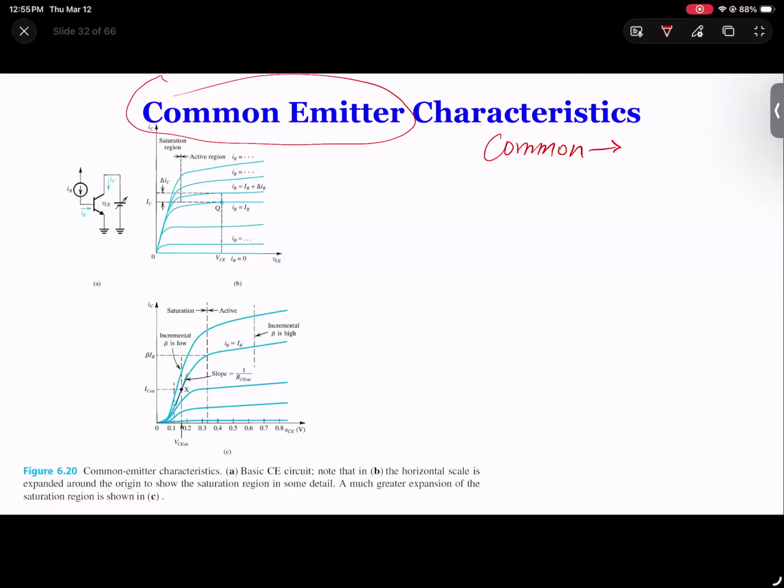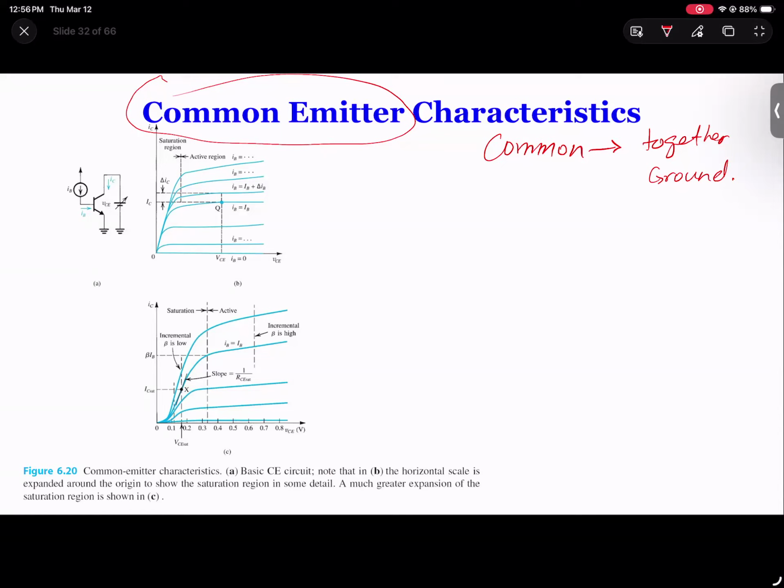Common means together, and sometimes it also means ground. So in electronics, when we say common emitter, what we are saying is the emitter is common with ground. That's the full expression. Just say the emitter is grounded. By the meaning, you can extend it.